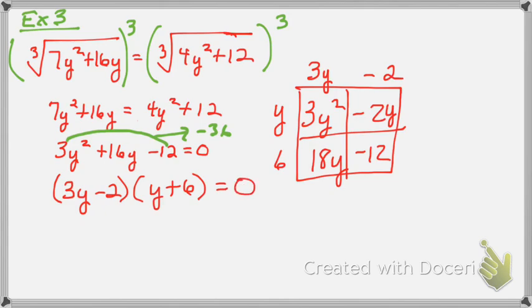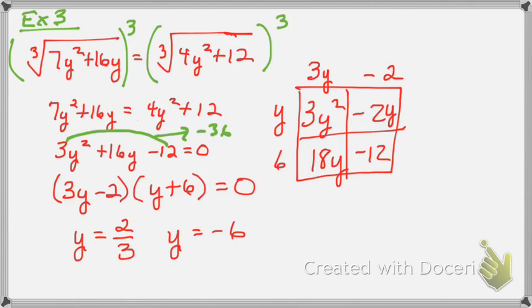Okay, so if you solve on this one, you will get y equals what? And negative 6. Okay, y equals 2/3 and y equals negative 6. Okay, everybody okay with that?